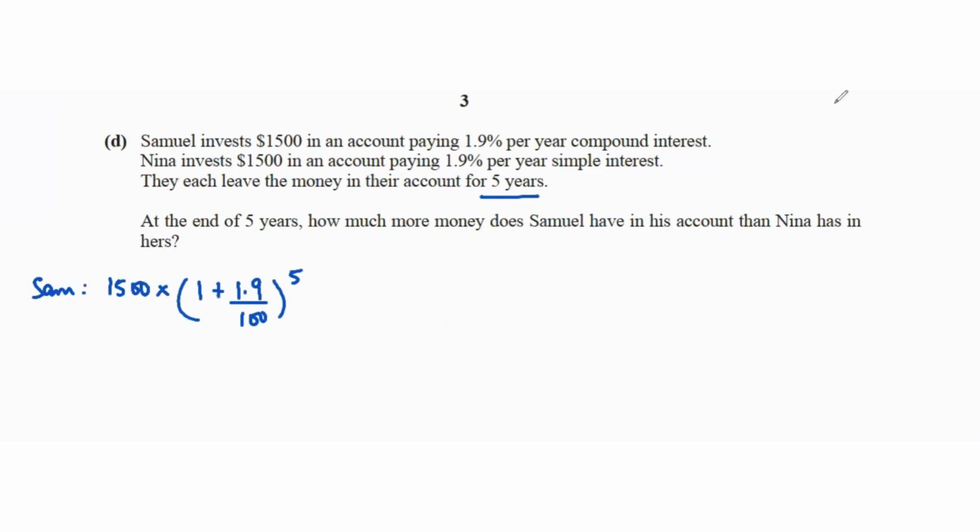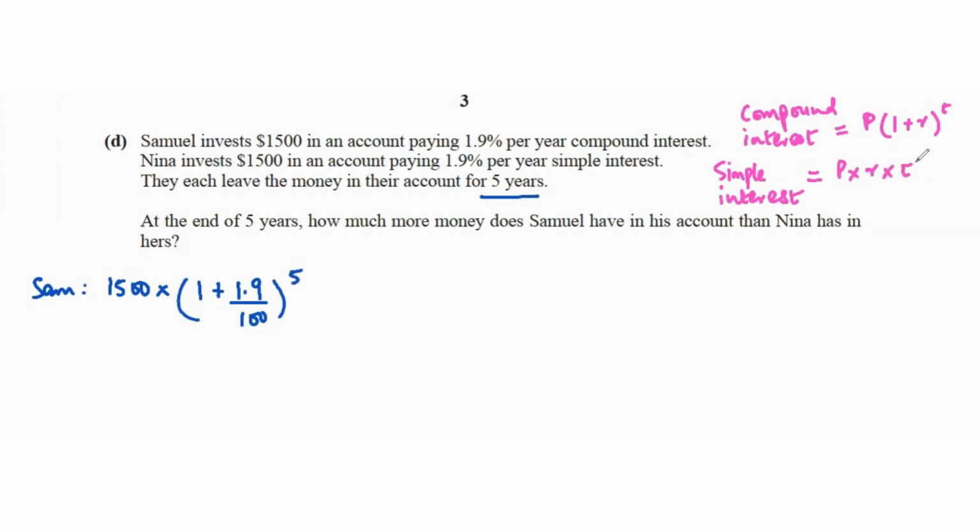So compound interest has the formula of principal amount times 1 plus r, r is the rate of interest, to the power of t. Simple interest has the formula of principal amount times r times t.